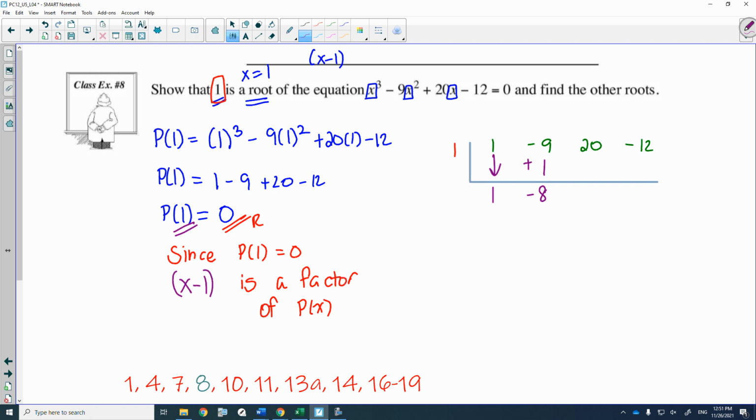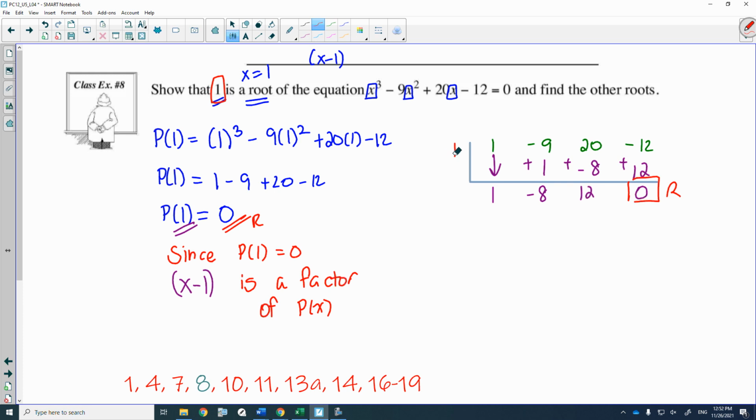When you multiply, negative 8 times 1, you get negative 8. When you add, you're going to get 12. When you multiply, you get 12. And then when you add, you're going to get 0. We want the remainder to be 0 because we're told that this is a root. This is a factor, right?